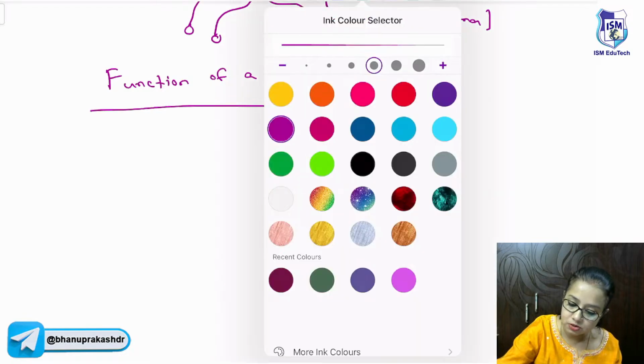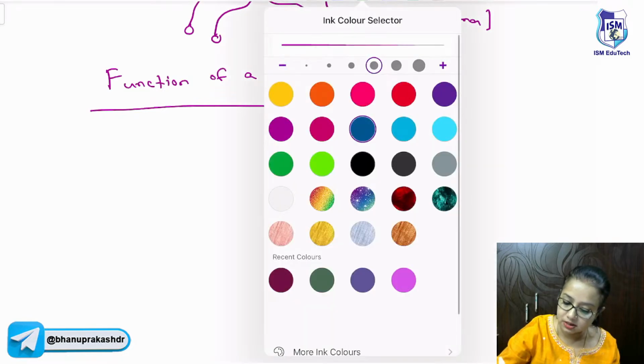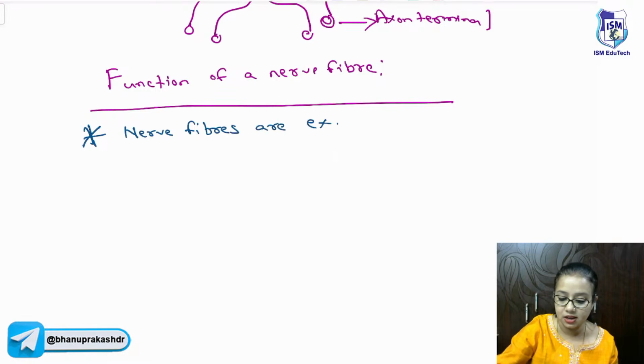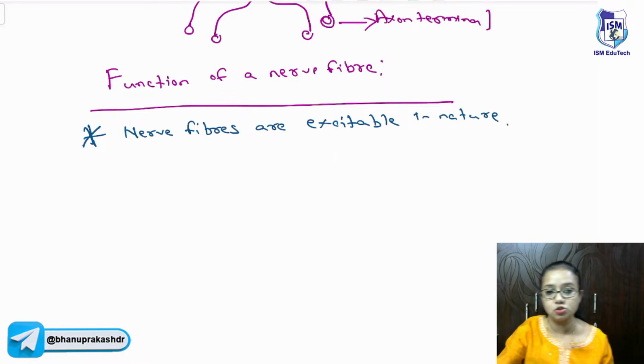First and foremost thing to remember about nerve fibers is that nerve fibers are excitable in nature. Means what?